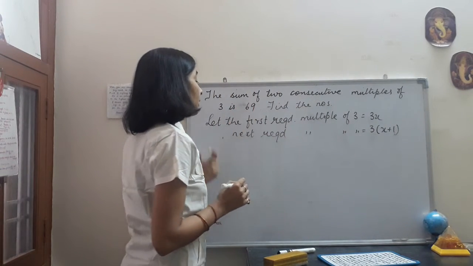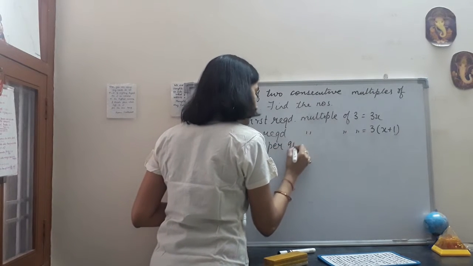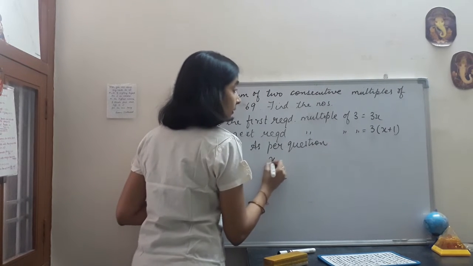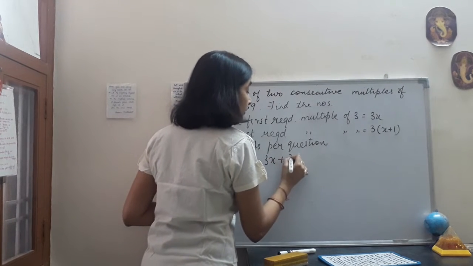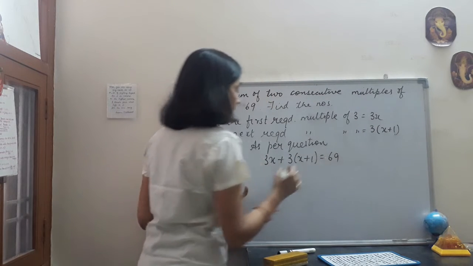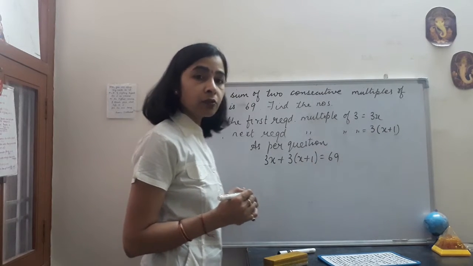Now what is given as per the question? That the sum is equal to 69. Now here 3x plus 3 into x plus 1 is equal to 69. The sum of two consecutive multiples of 3 is equal to 69.